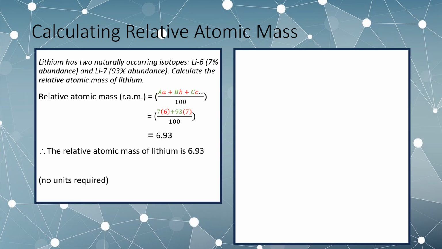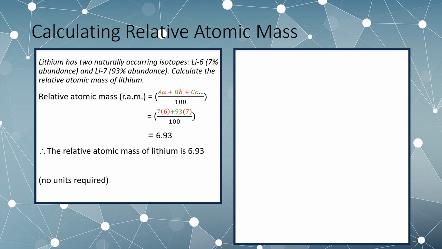Looking at an actual example now, in this case we know that lithium has two naturally occurring isotopes, lithium-6 with 7% abundance and lithium-7, 93% abundance. And we're asked to calculate the relative atomic mass of lithium. So looking at our formula, RAM is equal to the formula given over 100.